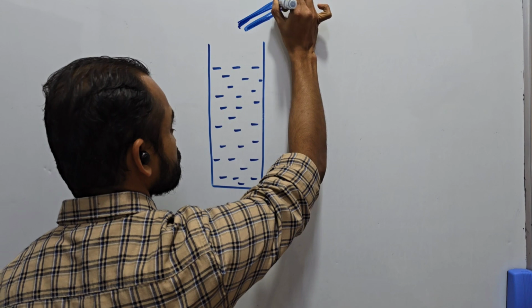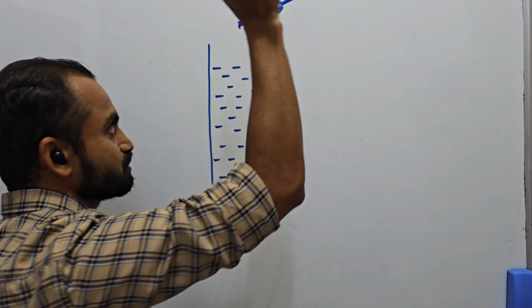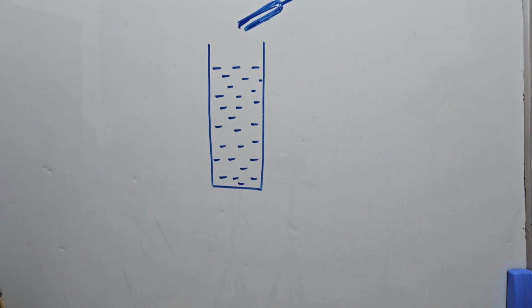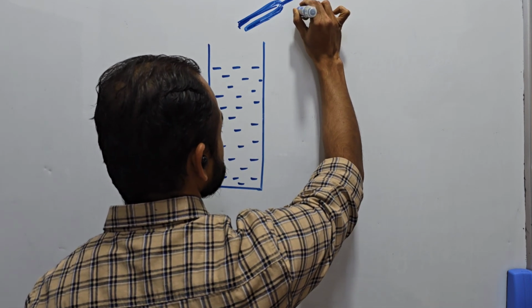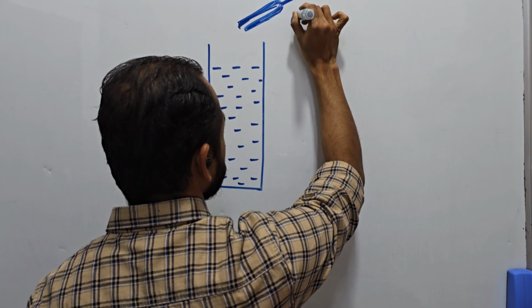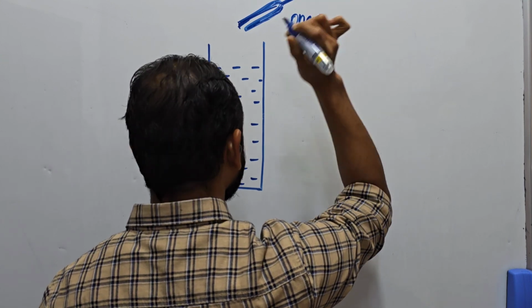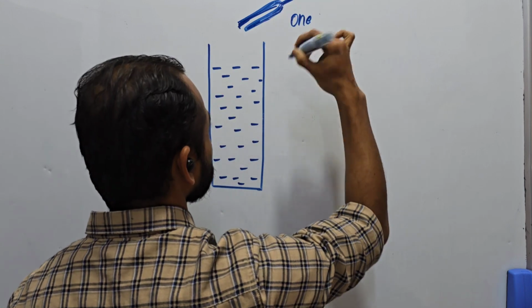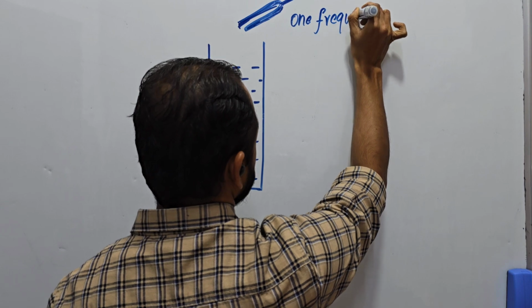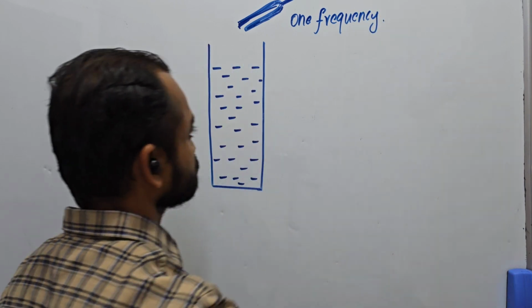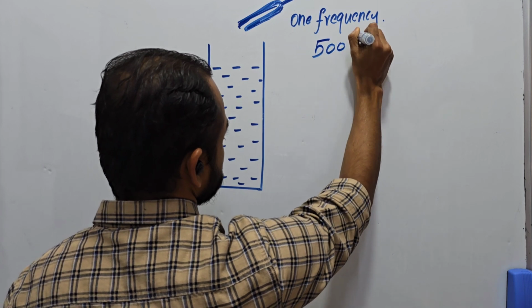Why do we use it? To control the pitch? Yeah, that is correct. So a tuning fork will produce a single frequency sound, one frequency. When we talk, or when we make a sound with our mouth, the frequency will continuously change, right? Okay, one frequency, a frequency of 500 hertz.